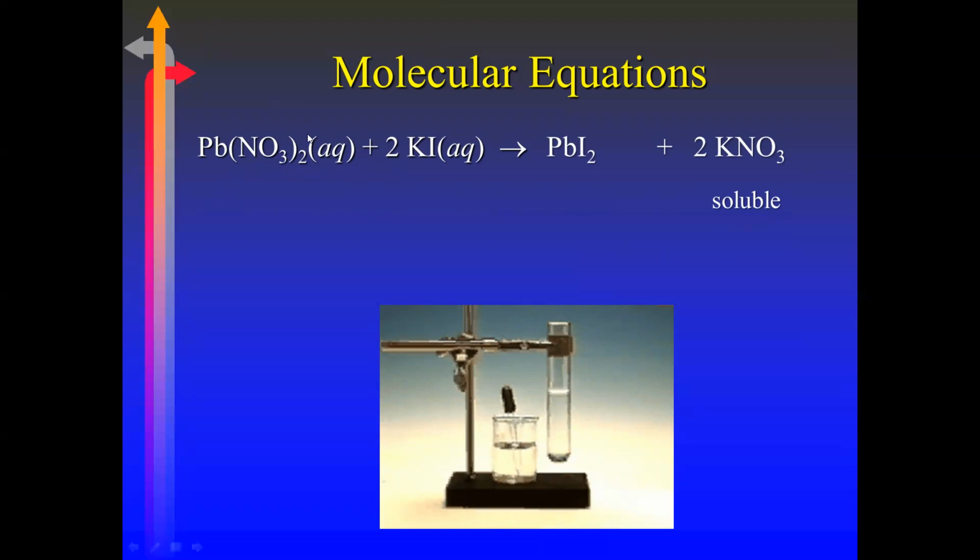That's just a chemical equation, but we add something like a state symbol, using parentheses, to indicate that this compound is dissolved in water, or soluble in water. That compound can dissociate into ions.